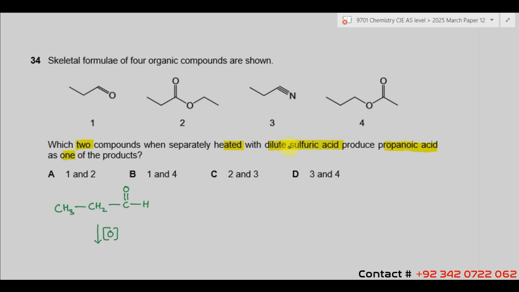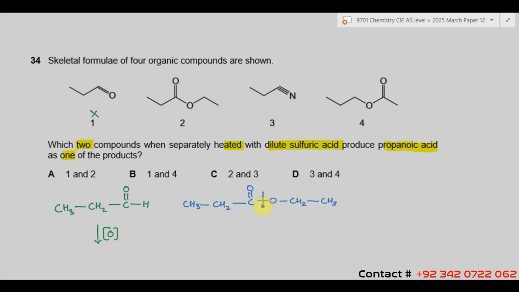It will not form product with dilute sulfuric acid. So 1 is wrong. Second one is CH3CH2C double bond O, O, CH2CH3. This is ester. It can be hydrolyzed by dilute sulfuric acid.